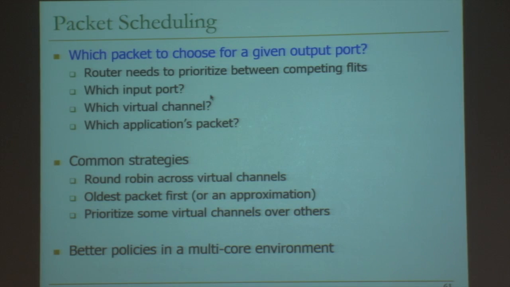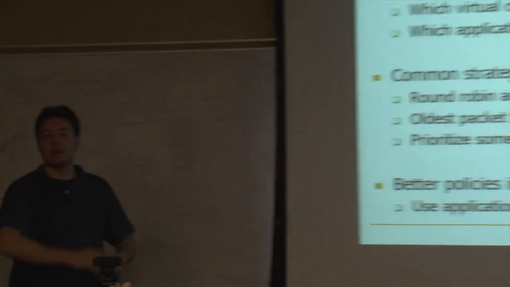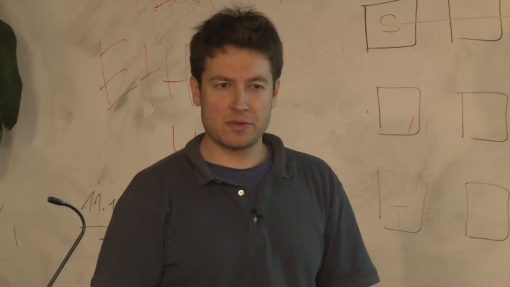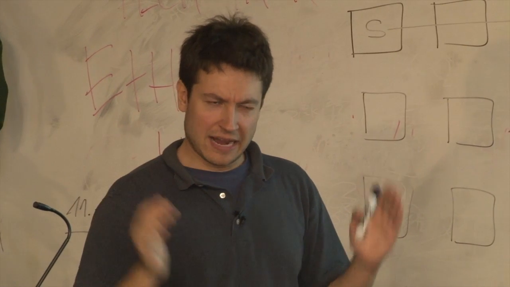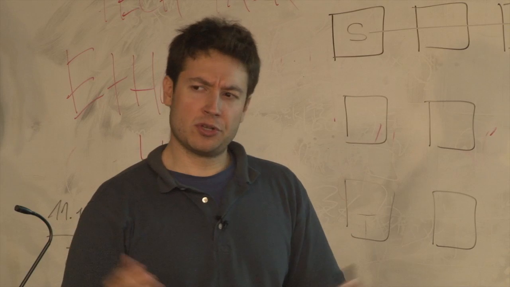And actually, what would the obvious thing be to do? You have 20 packets waiting to get sent, and you only have 4 outputs. What would be the simplest thing you would do? If you were a hardware engineer working in isolation on a specific router, what scheme would you use?